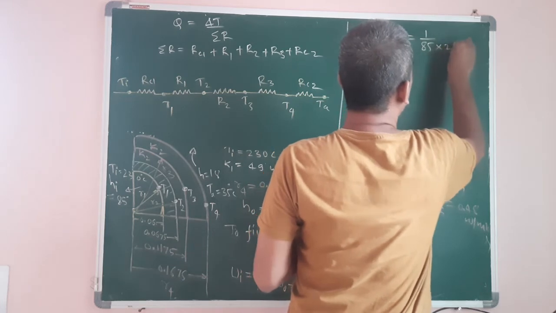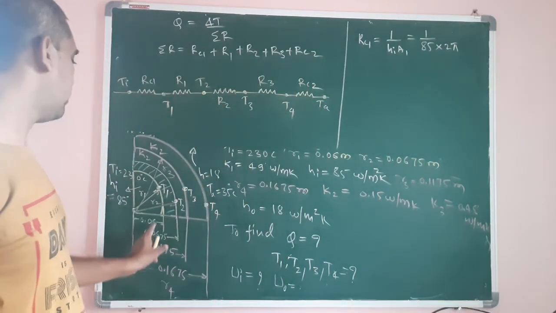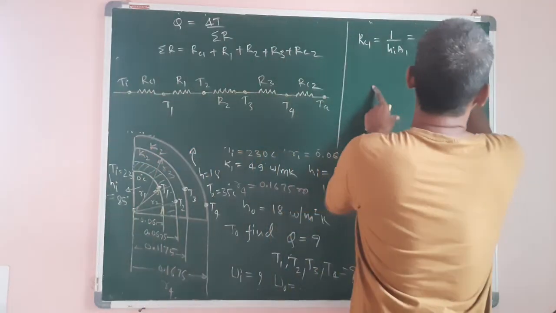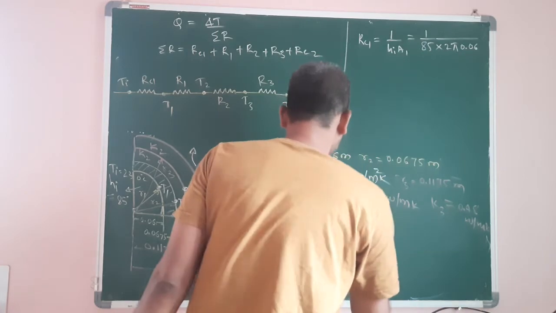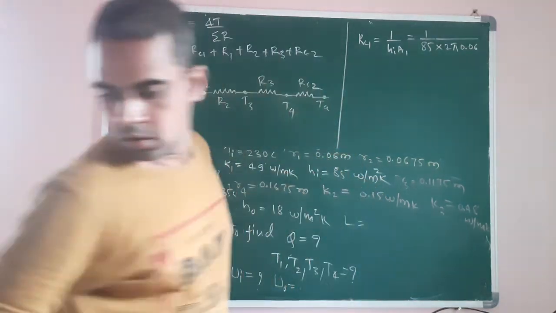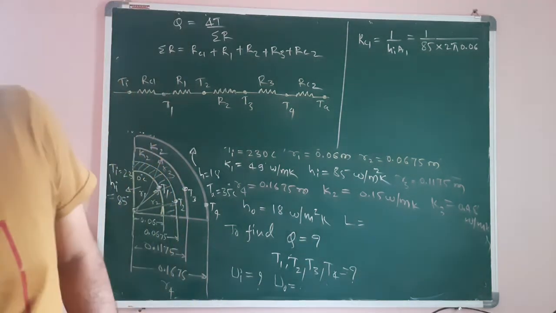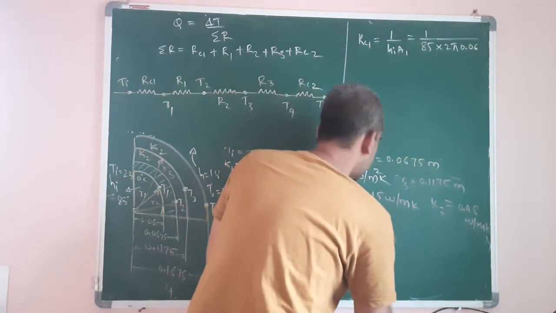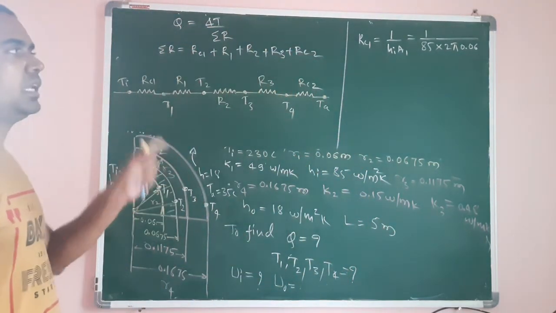Ai is 2 pi into R1 into L. R1 is 0.06. Length of the pipe has been given in the problem. It is 5 meter.